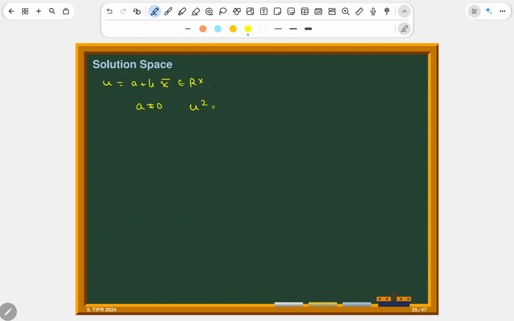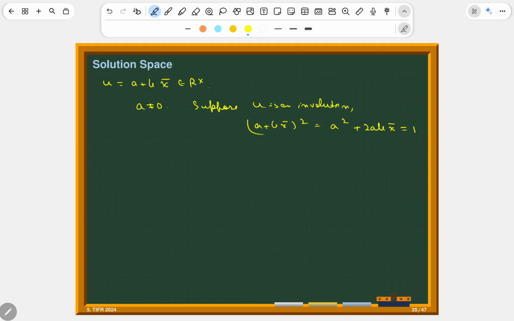What can I say about u squared? Suppose u is an involution, so its square is 1. Then we would have a plus b x bar whole squared, which comes out to be a squared plus b squared x bar squared, but x bar squared is 0. So it's just a squared plus 2 times a times b times x bar.